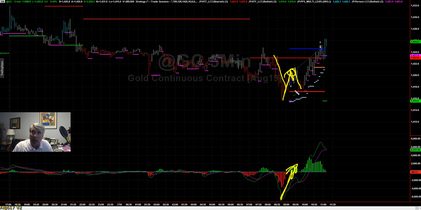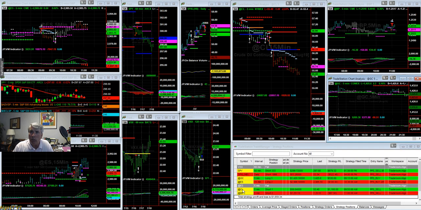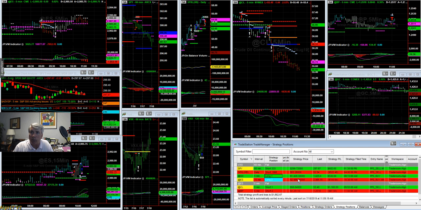We took a little bit of heat. We did not get stopped out. There's your initial stop. It got out of one with a profit, and it is still trailing the second position. How do we know? If you look over here, you see gold still long, just one from the original position at 1420. The market's at 1425.80 now, up $560 on that trade.